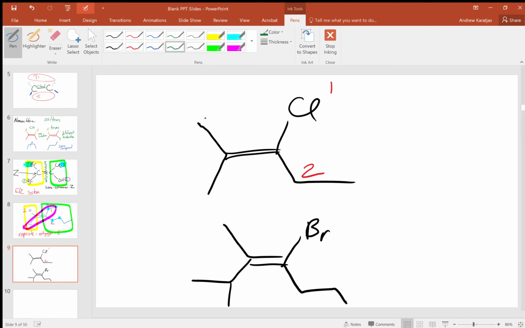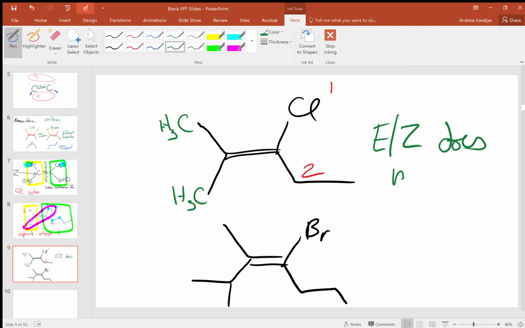On the left side, we have a methyl, and we have another methyl. Well, that would actually be the same. So we can't assign priority there because the two groups are the same. And so for this example, EZ does not apply.